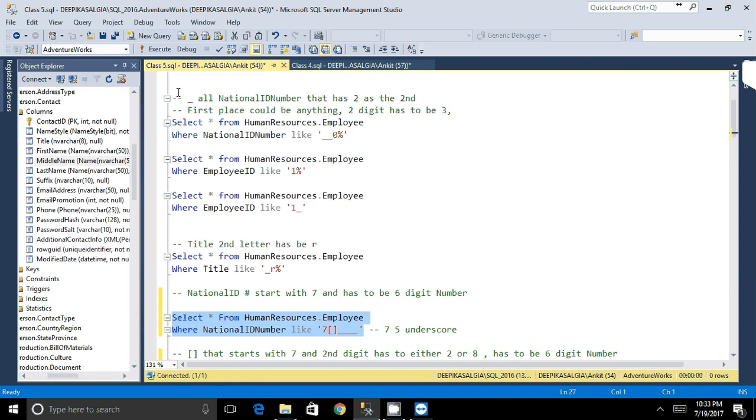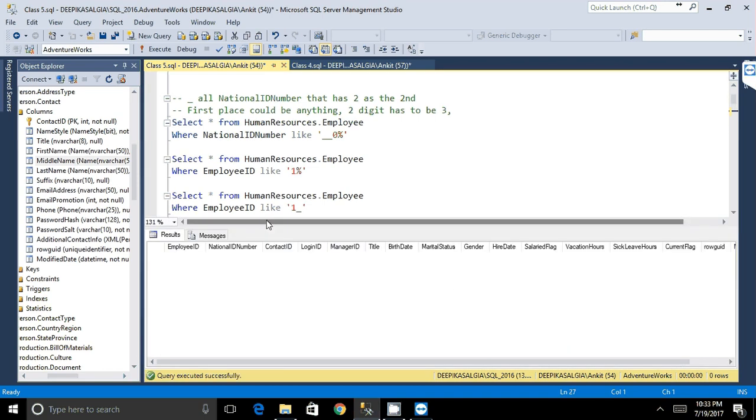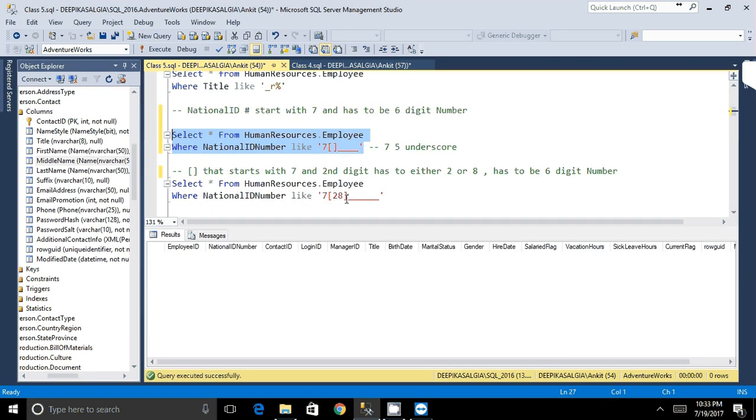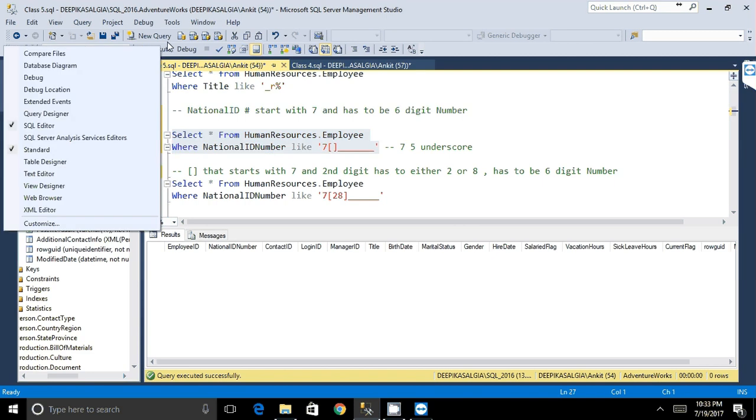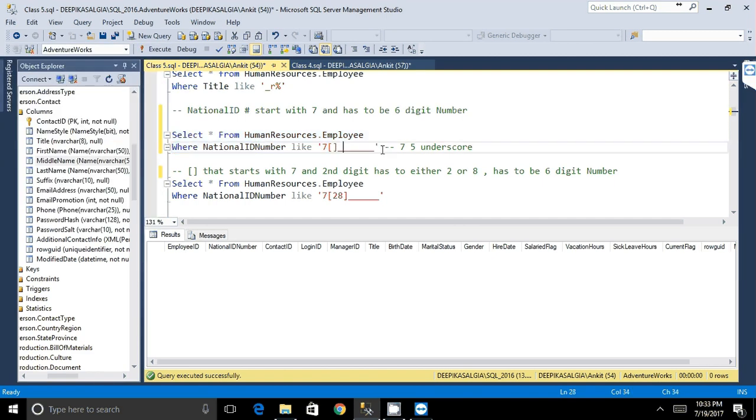Okay, let's run this query. So there is no national ID number that has 6 digits in it. Okay, so let me put 7, 8, 9. So I do 9 digits now. Oops, I still don't have anything. Maybe there is no 9 digit. Okay, let's try. Yes, thank you.